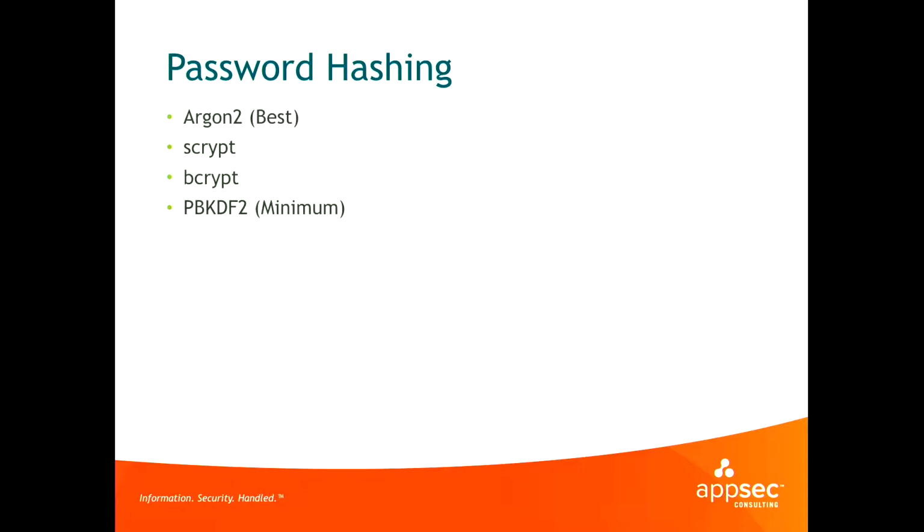These functions are all what are known as KDFs, or key derivation functions. With the exception of PBKDF2, they allow you to adjust the memory hardness and processing hardness, which means that you can increase or decrease the amount of memory necessary to compute the hash.